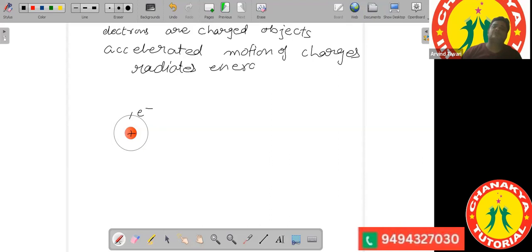So if the electrons radiate energy, if the electrons are giving out energy, hence the orbit of the electron will change. Okay. And if their orbit changes, their orbit will become something like this.